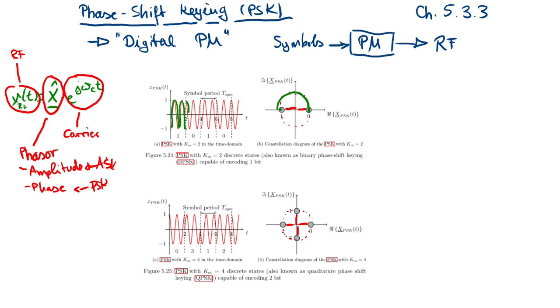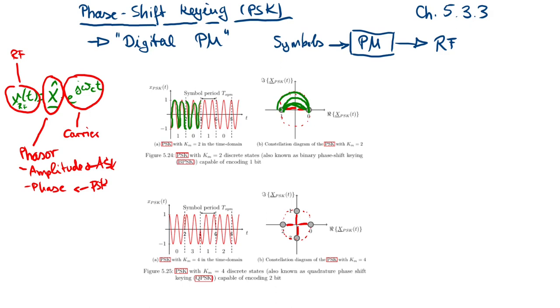And then here is a phase shift. So here the carrier signal is somewhat interrupted, and the phase jumps from 180 degrees to 0 degrees. And then the symbol changes back to 1, and then to 0, and 1 again. And so the phasor in this representation jumps between these two states.